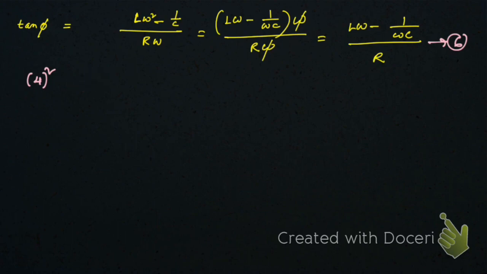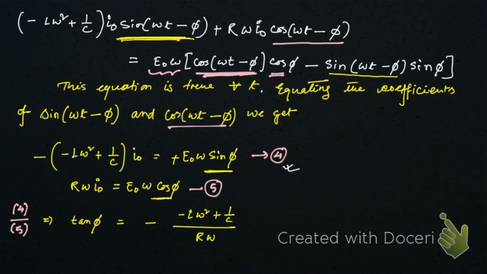Let me write this way. So squaring equation number 4 and adding it with the square of equation number 5, squaring and adding, what you will get is, if you square this equation, you get the square here and here, right? And similarly here also, if you square this, you're gonna get this result.